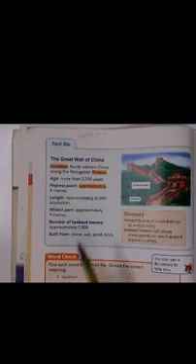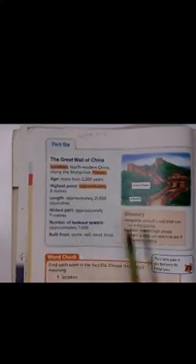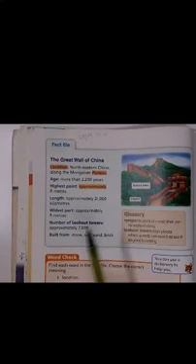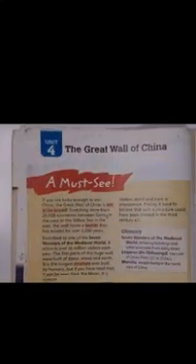This ad, children, this you would see mostly in a non-fiction book, okay, where they are talking about places. So you would see the information about this in those books. Now children, one more thing.